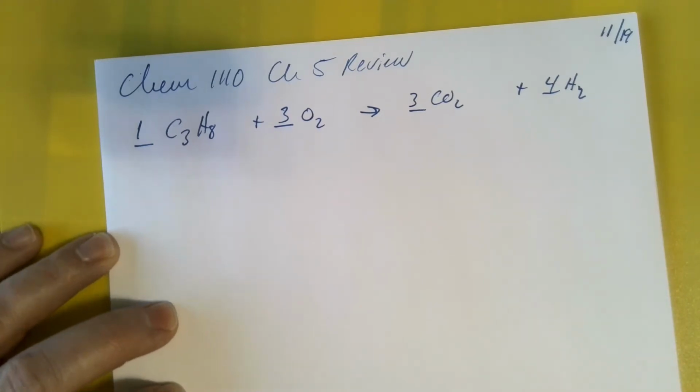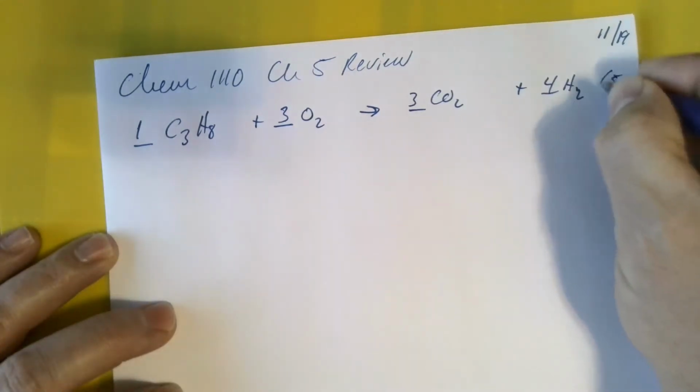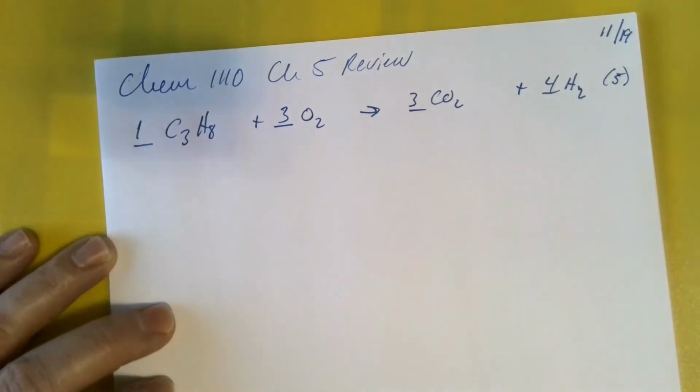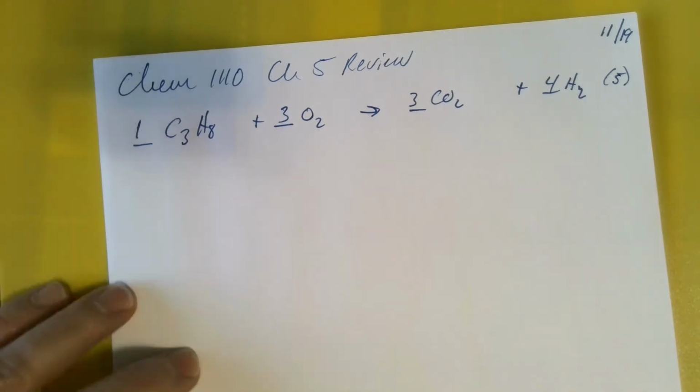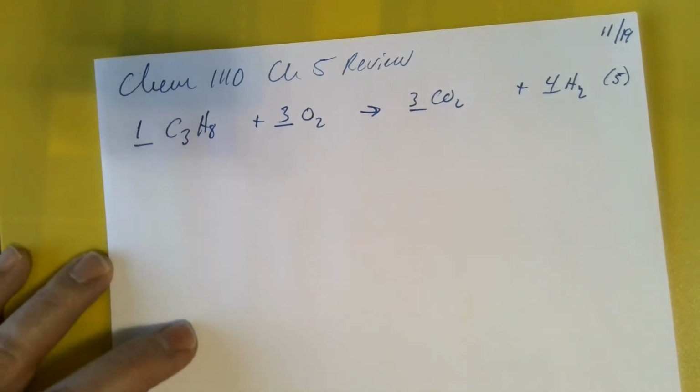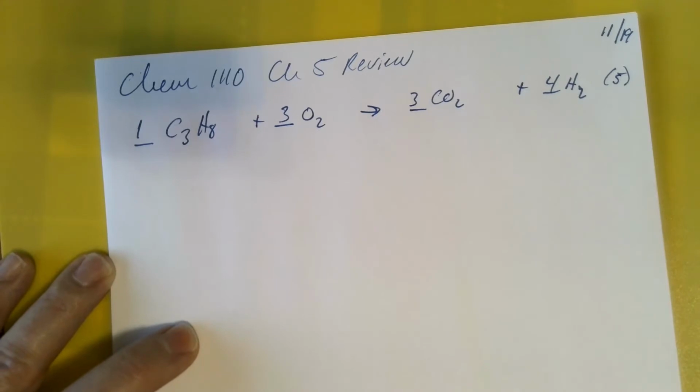Alrighty. Okay, so, like I said, there's going to be probably 5 of them on the test. Make sure we've got that. Now, from there, let's go right to a limiting reactant because that's what I think most of us struggle with the most.